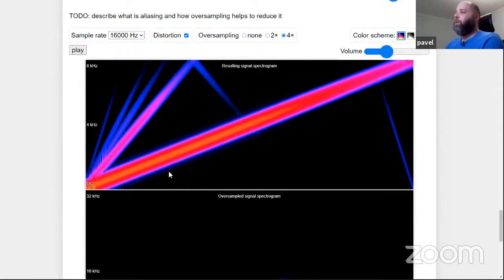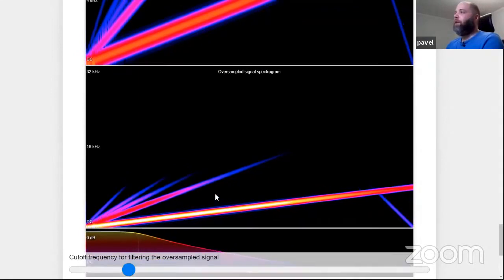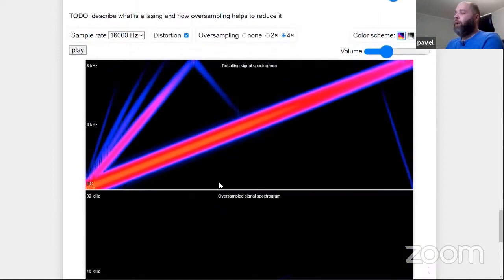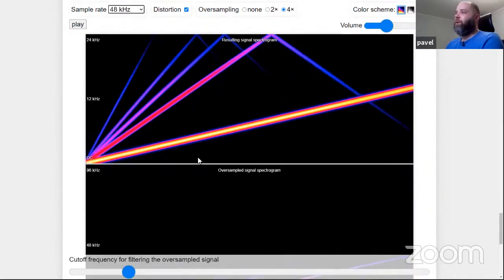So you have to play with the cutoff frequency when you filter the oversampled signal. And in practice, you will use up to 16x oversampling, and probably 48 kilohertz for your initial signal, or even higher.